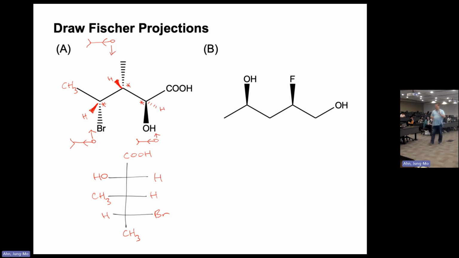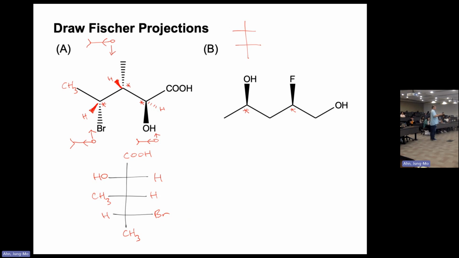I want to talk about this one really fast. How many stereocenters are here? 2, right? I've got just 2 lines here. A lot of people do this, and I'm saying you shouldn't. This is not the right way. Why?